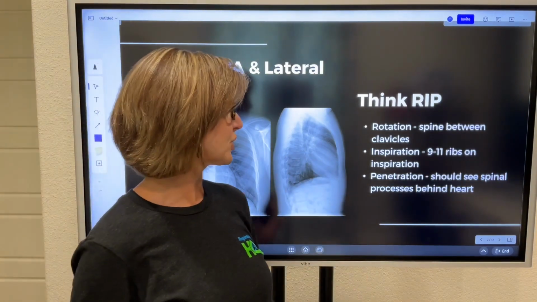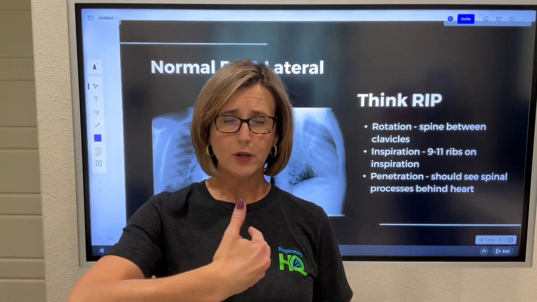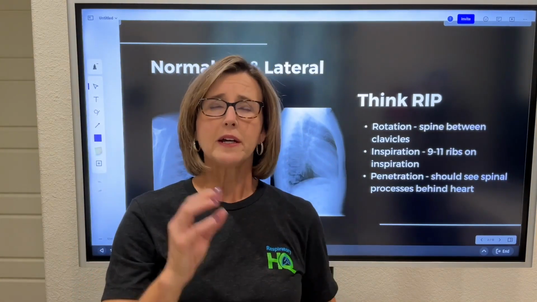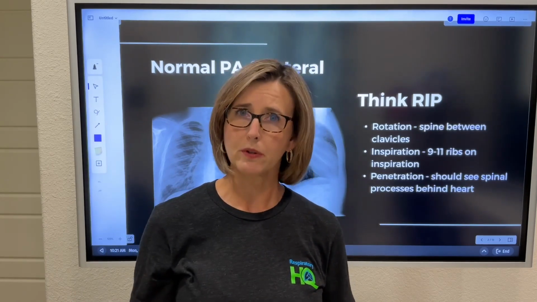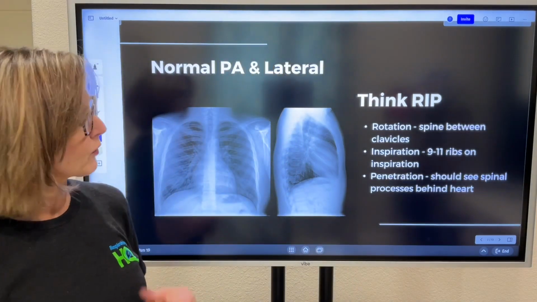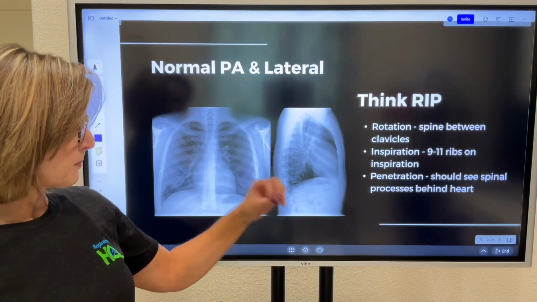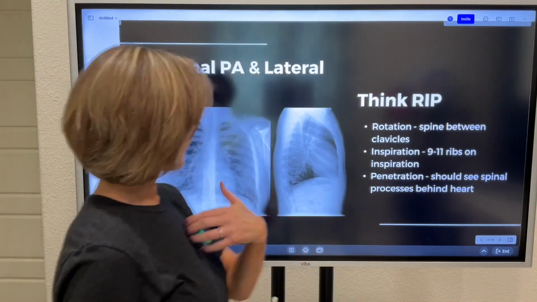And then penetration. We're talking about how well the x-rays penetrate through the body onto the film. The actual technical term for that is exposure, okay? We want to see how well exposed the x-ray is. For a good exposure, we should see the spinal processes behind the heart.